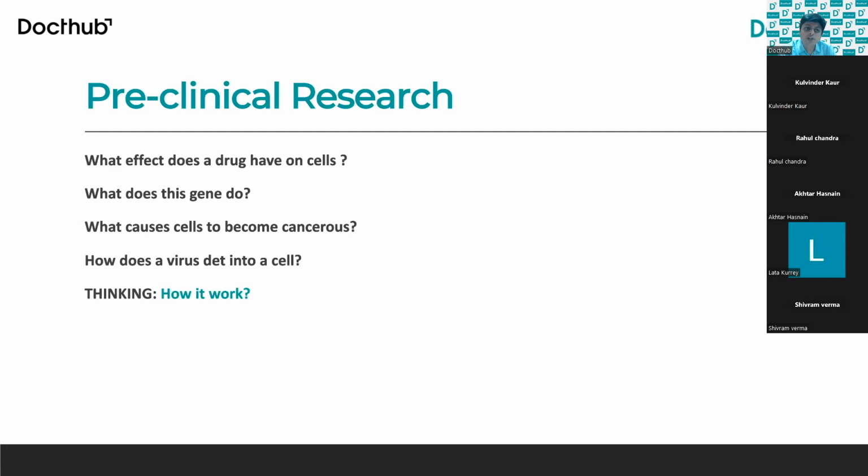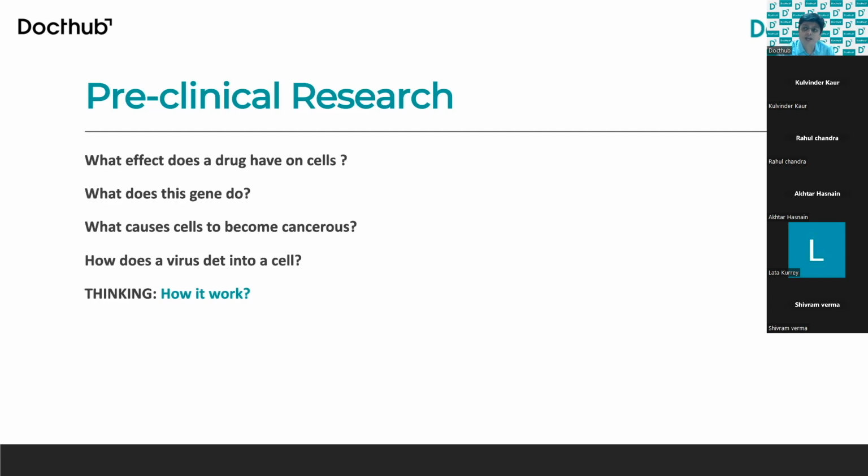The second is, what does this gene do? If your drugs are based on gene therapy and the genetic sciences, you are trying to find the answer to this particular question. And what causes cells to become cancerous? If you are preparing any anti-cancer drugs, you are trying to find this answer. And if you are working on an antiviral drug, then how does a virus get into a cell?